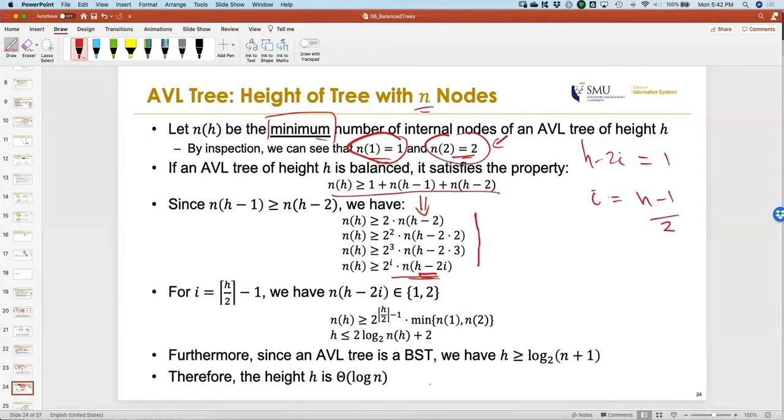That is my i for h minus 2i equals 1. So this is one base case. Now another base case is h minus 2i equals 2. In this case, my i is going to be h over 2 minus 1. So that's basically what it is.